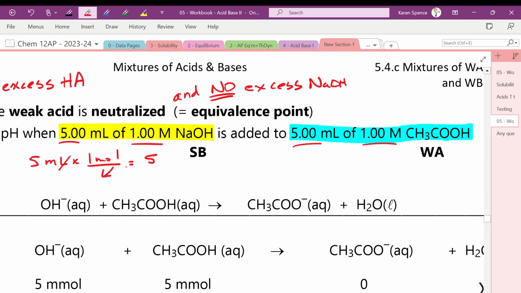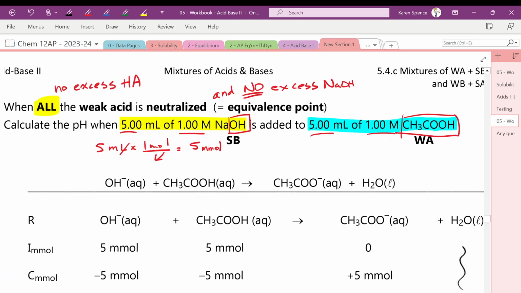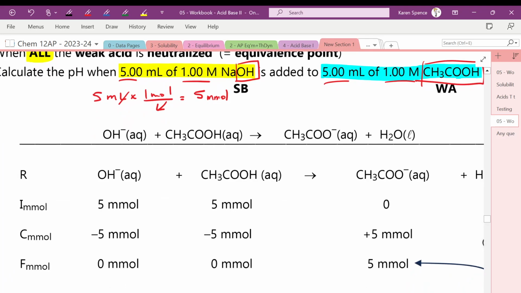The liters cancel and we're left with millimoles. So we have 5 millimoles of the OH, and we have 5 millimoles of the CH3COOH. So now we're going to put that in our RICFA table.